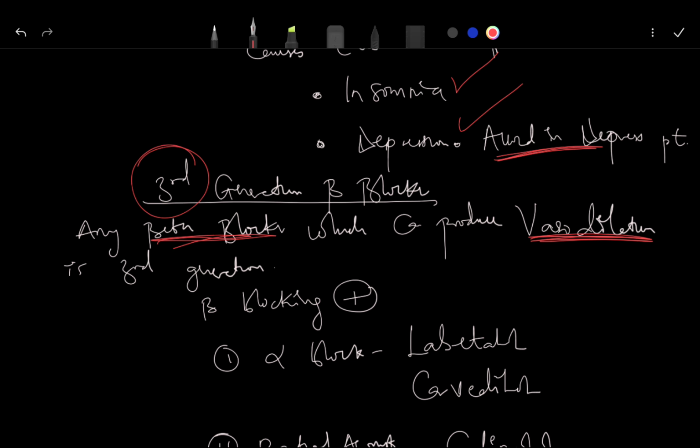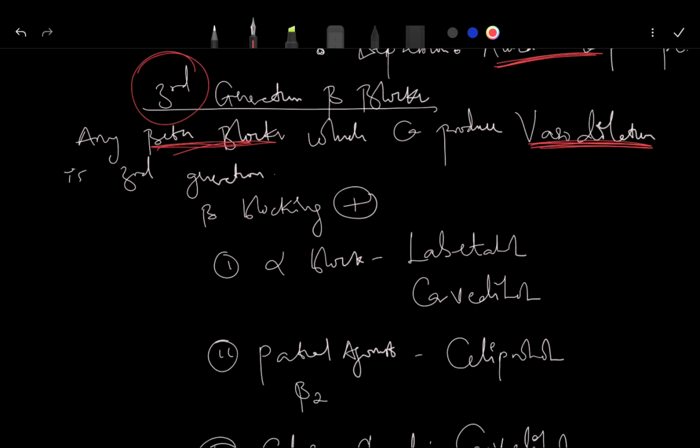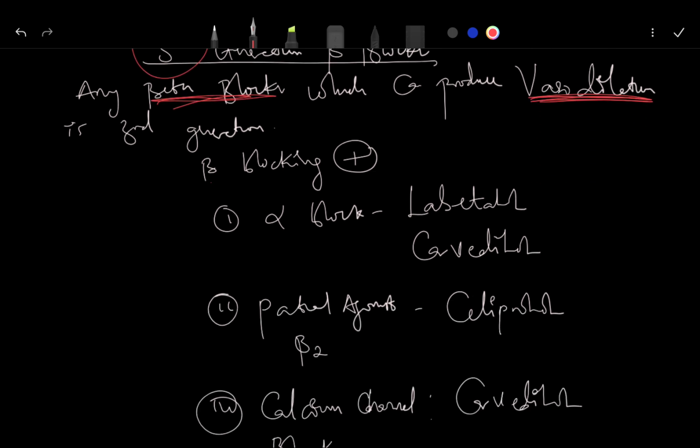How do they produce that vasodilation? In various ways. One, they could block beta receptor and at the same time block alpha 1 receptor. Examples are labetalol and carvedilol.